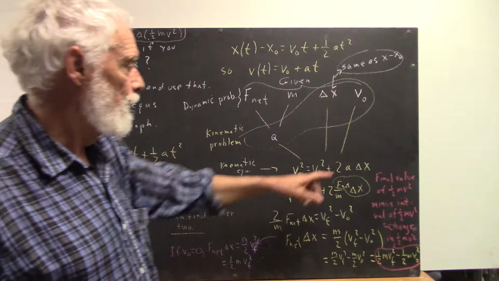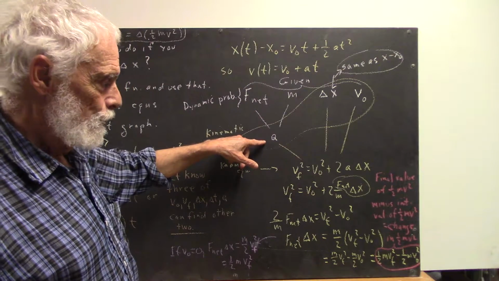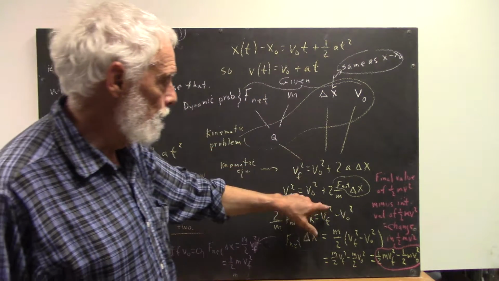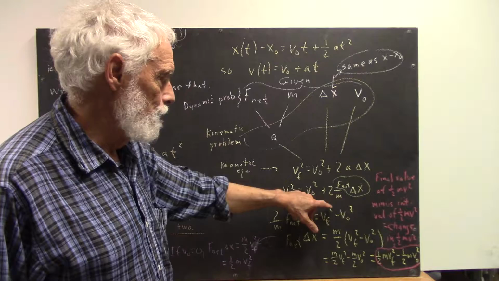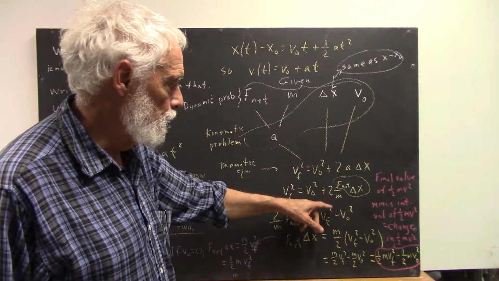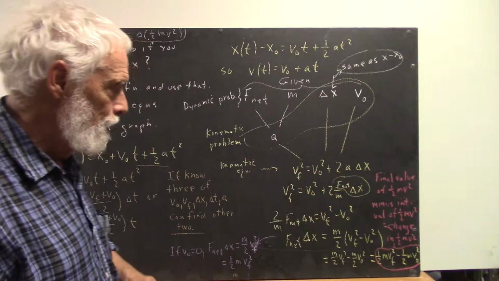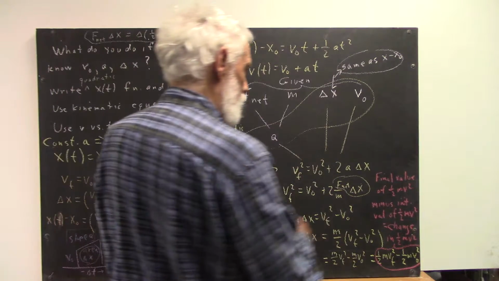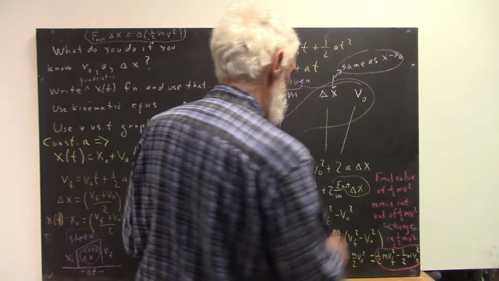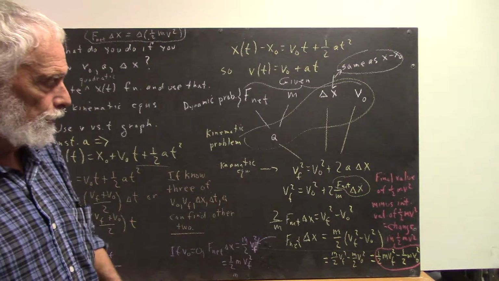Okay, well, if we replace a by Fnet over m, what do we get? We get, well, the 2a delta x becomes 2 Fnet over m times delta x. That Fnet isn't written very well, and it still isn't written very well, but at least the t is crossed.